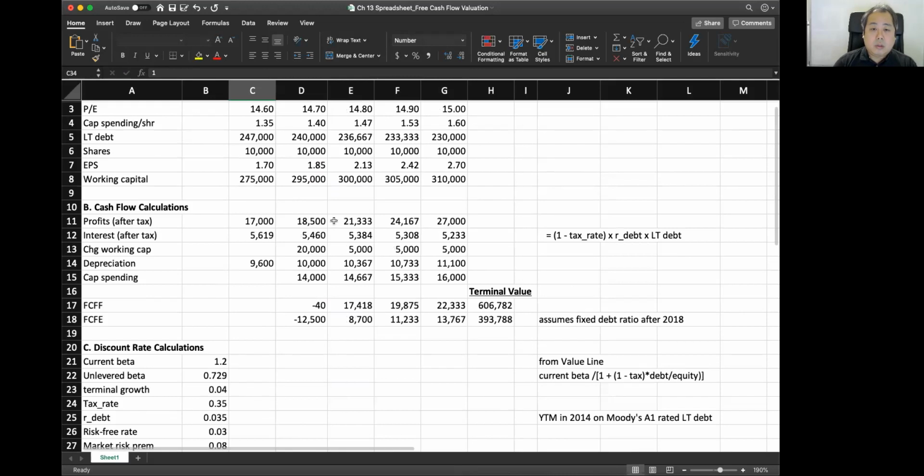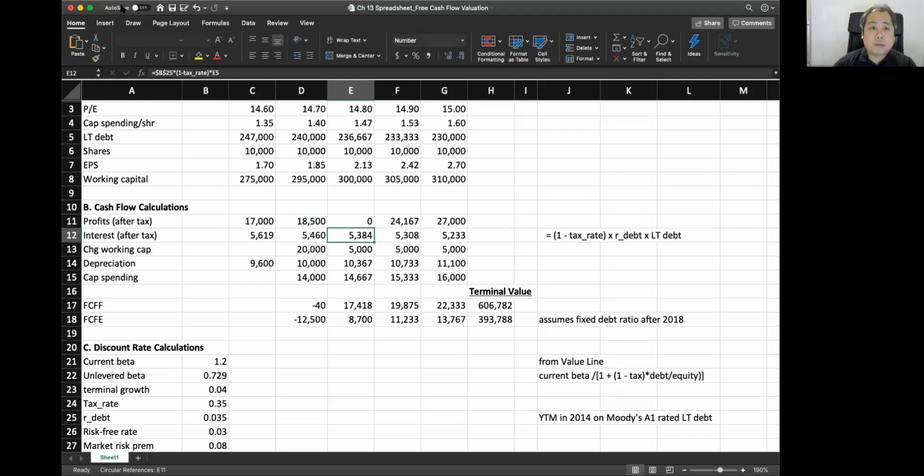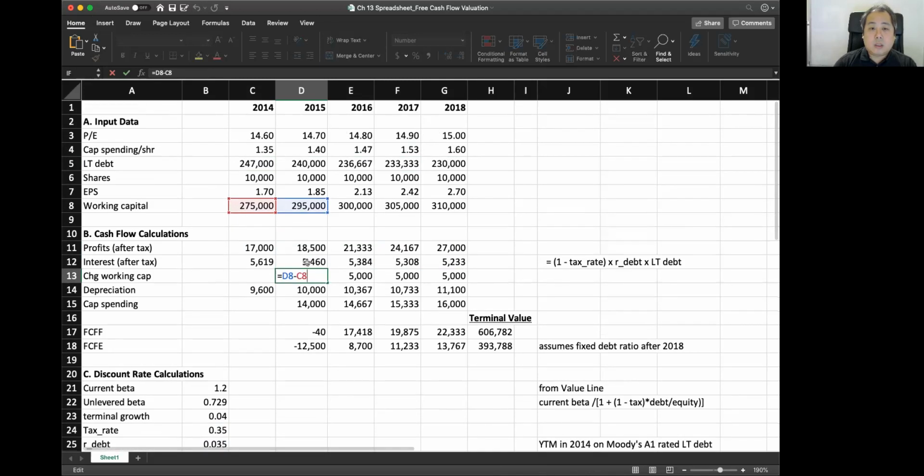So, and you have a way to estimate the profits here, and you have interest, right? Because you have long-term debt amount here, so you can easily calculate the interest. Change in net working capital is simply working capital changes. So from next year to this year, this is change in net working capital.